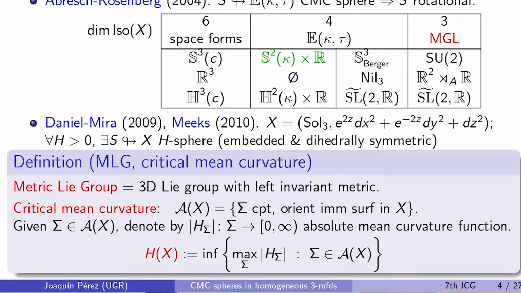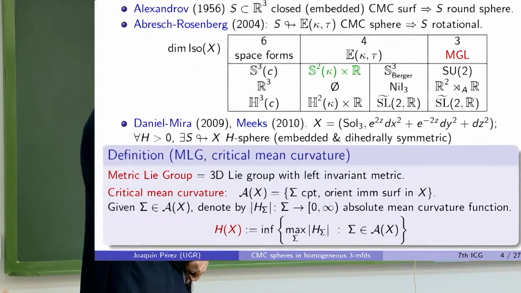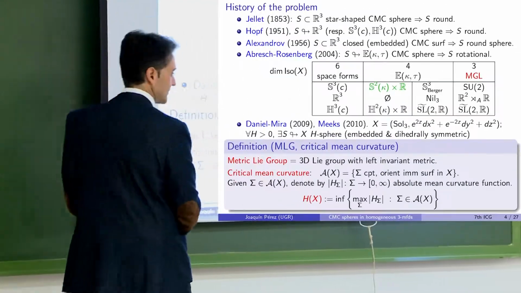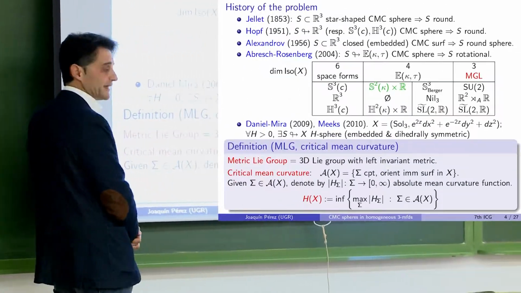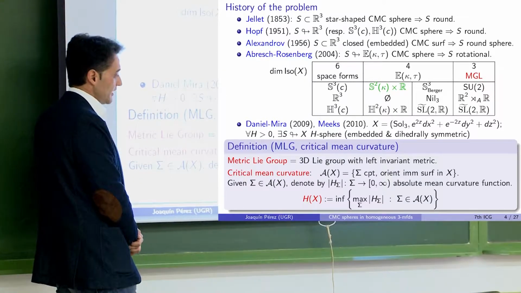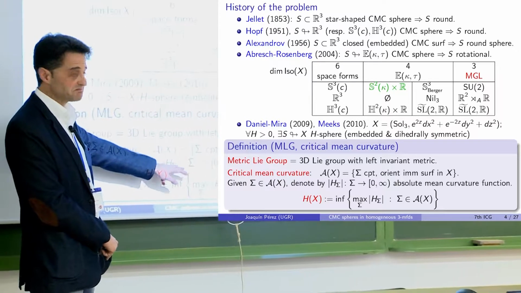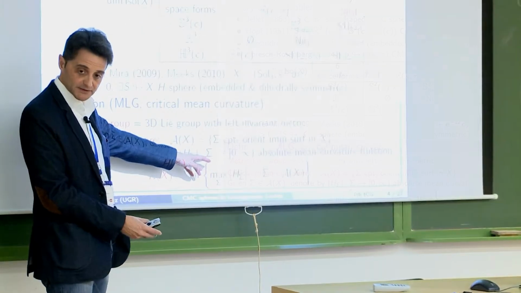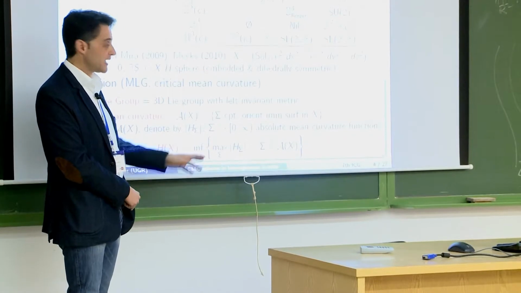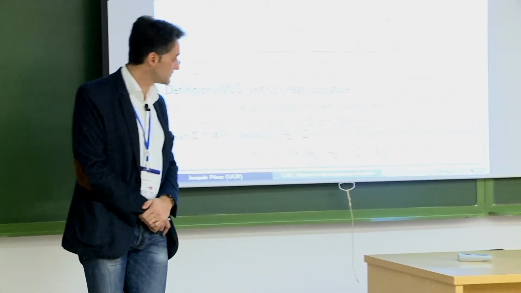You consider in X, the universal cover, the class of all compact, here I have written oriented or orientable, but it doesn't matter, you could consider non-orientable surfaces as well, immersed surfaces in that X, but not necessarily of constant mean curvature. And then for any such sigma, you consider the mean curvature function. Since I don't know if sigma is orientable, I'm going to put an absolute value here, and then I don't have any problem.